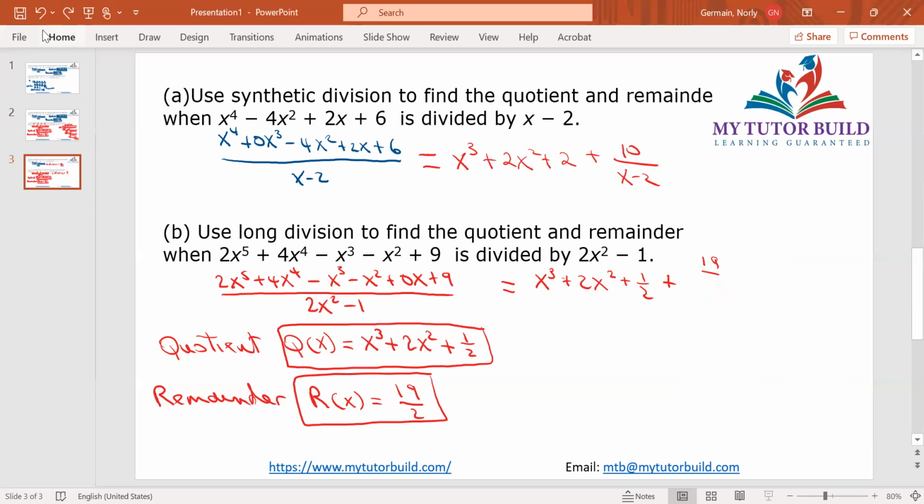So the answer for this one would have been 19 over 2 times 2x squared minus 1. That also would be the solution.